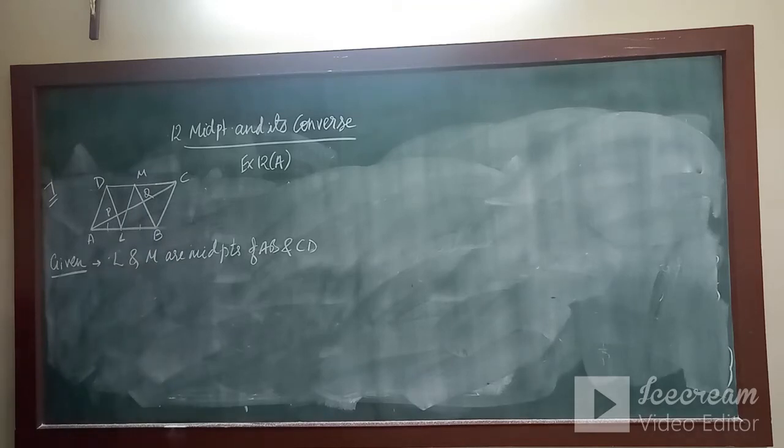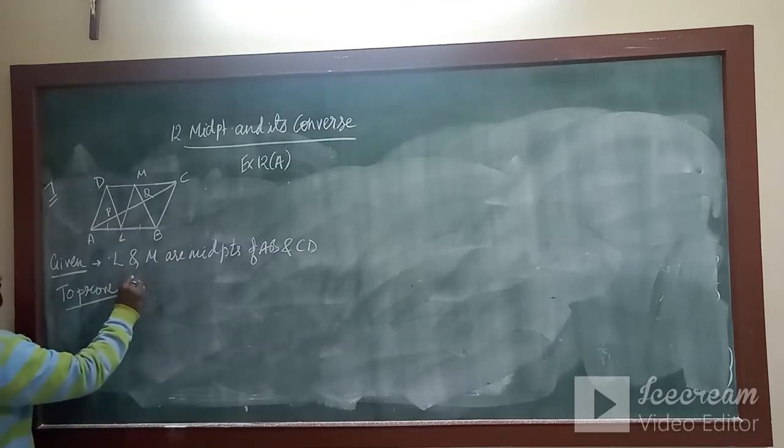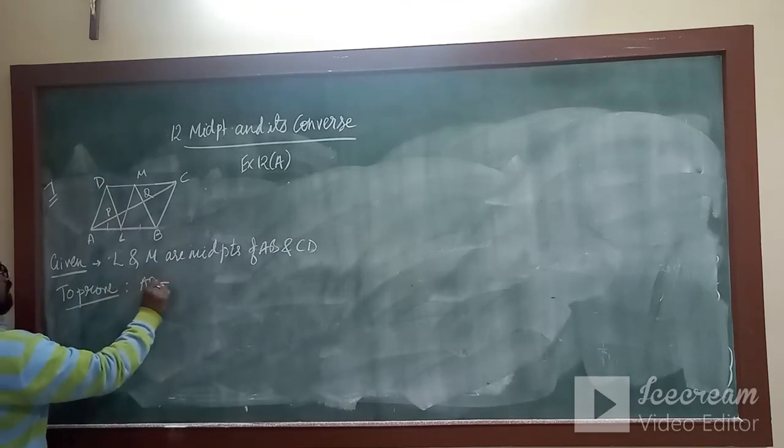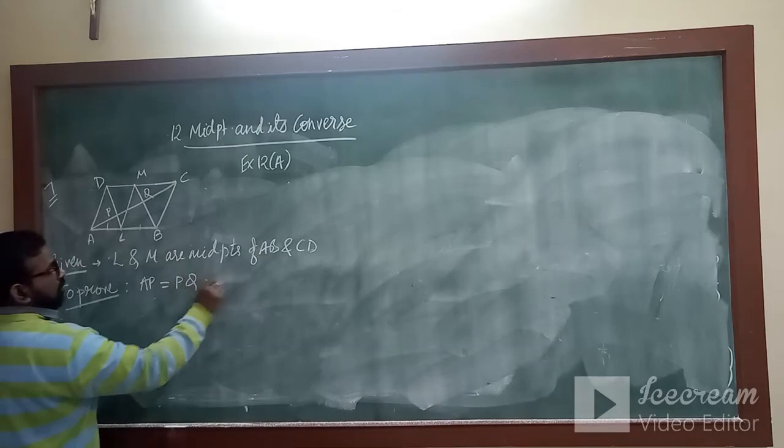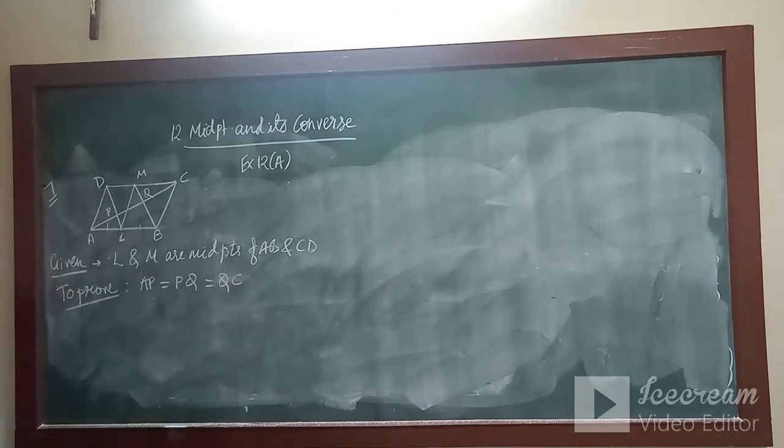Then what we have to prove? Trisect means AP equals PQ equals QC. So we have to prove that DL and BM trisect the diagonal AC.